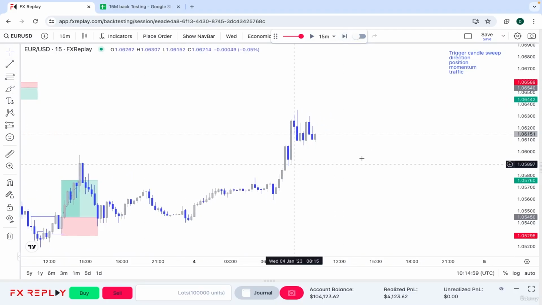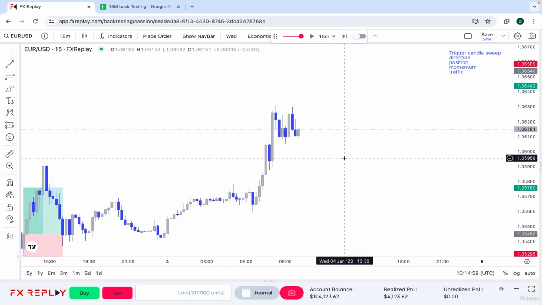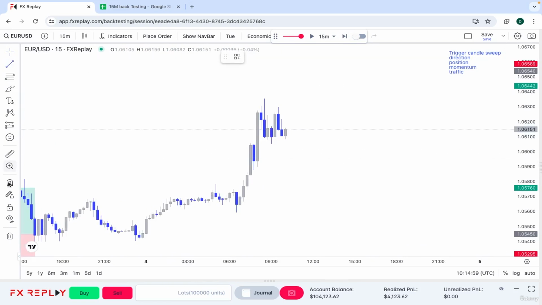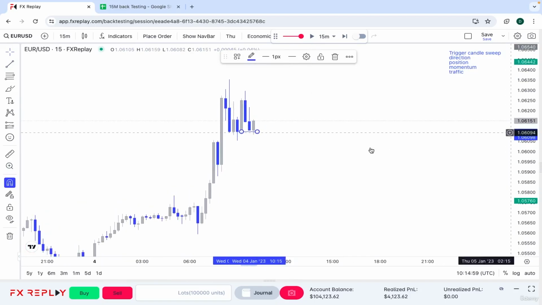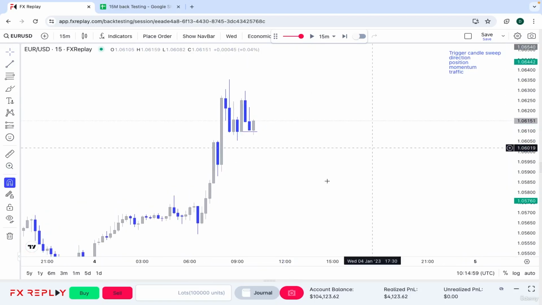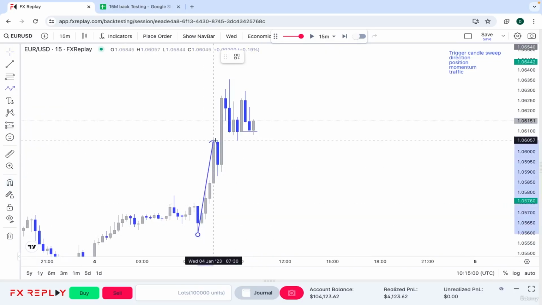That's actually another one. It's sometimes difficult to see, but as you can see there, look, we've got a trigger candle sweep. That's number 1. Direction: here, here, here.